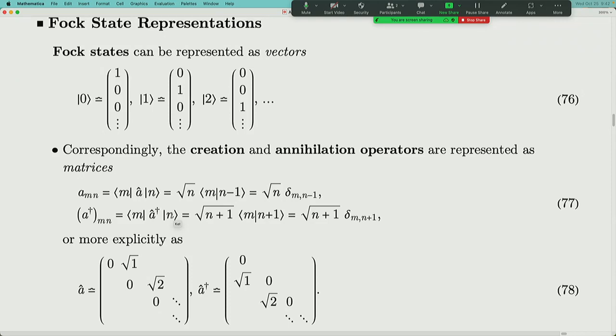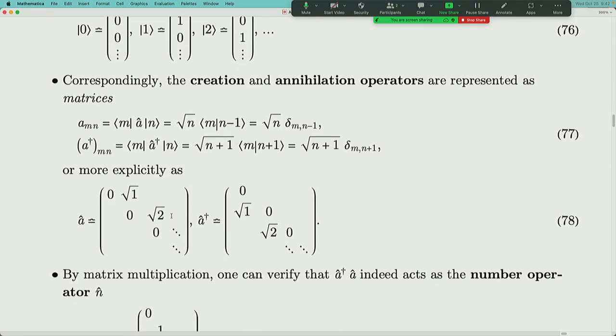So if you try to write down this matrix, it will only have non-trivial matrix elements if the row index is the column index minus 1. N is the column index here, and m is the row index here. So if it's the second column, then it's row 1.